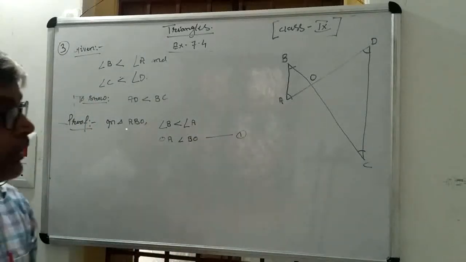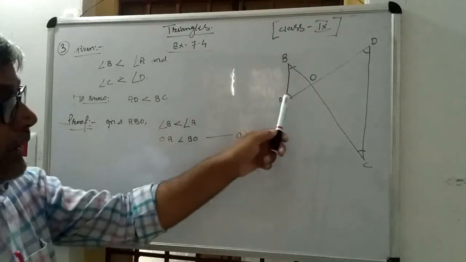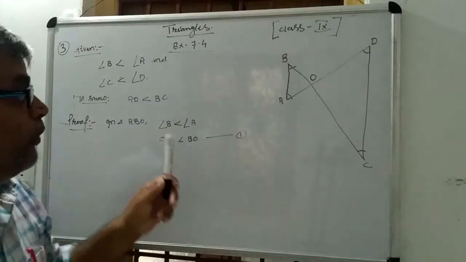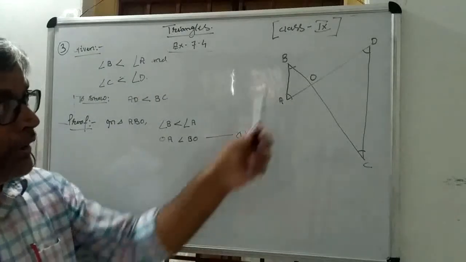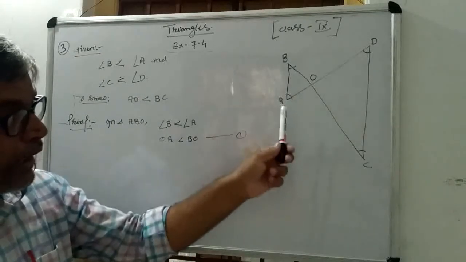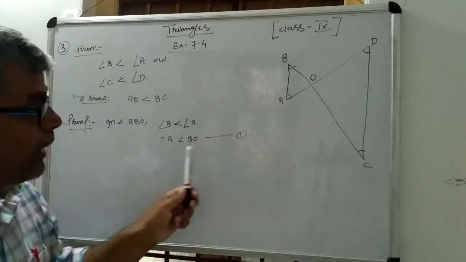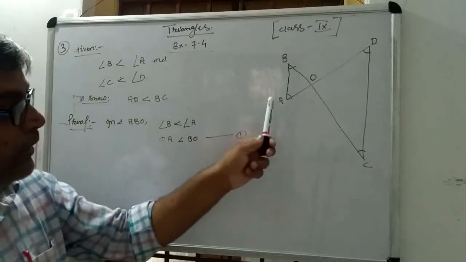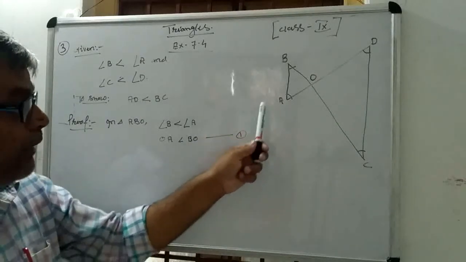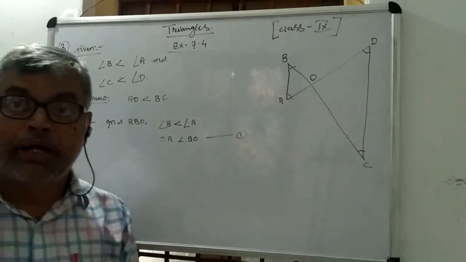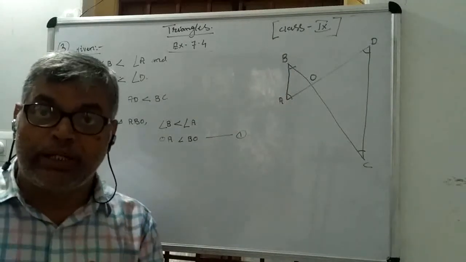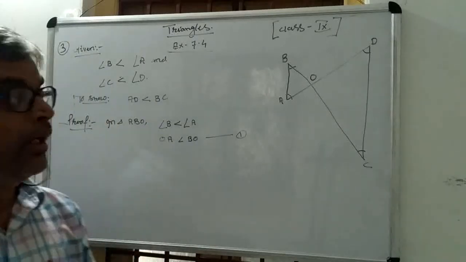What I told is, it is given in triangle ABO, angle B is less than angle A. Then the side opposite to angle B, that is OA, is less than the side opposite to angle A, that is BO, by the properties of inequalities in a triangle.